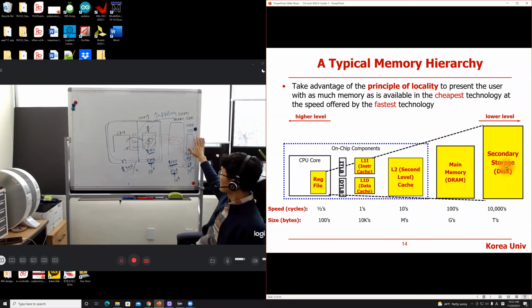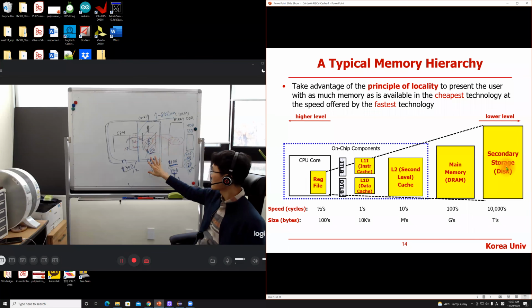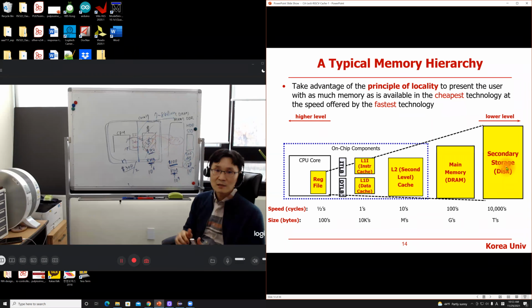Big, small, big, very big. Super small, but the same price roughly.